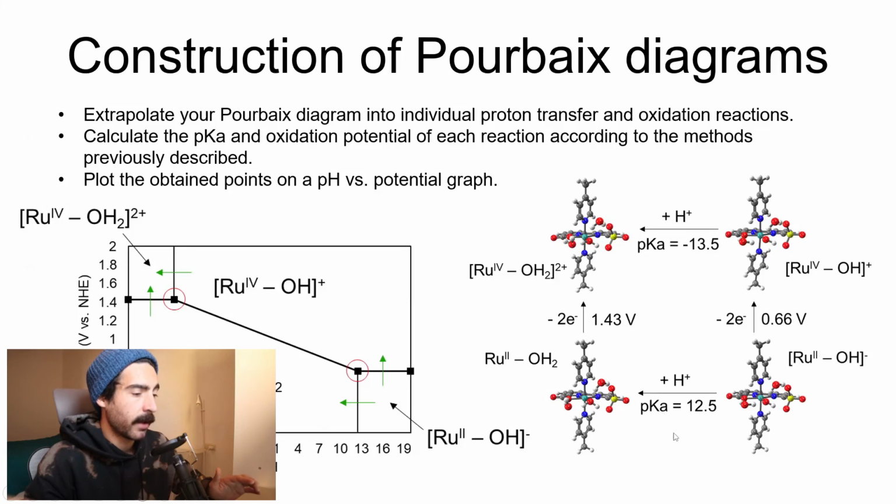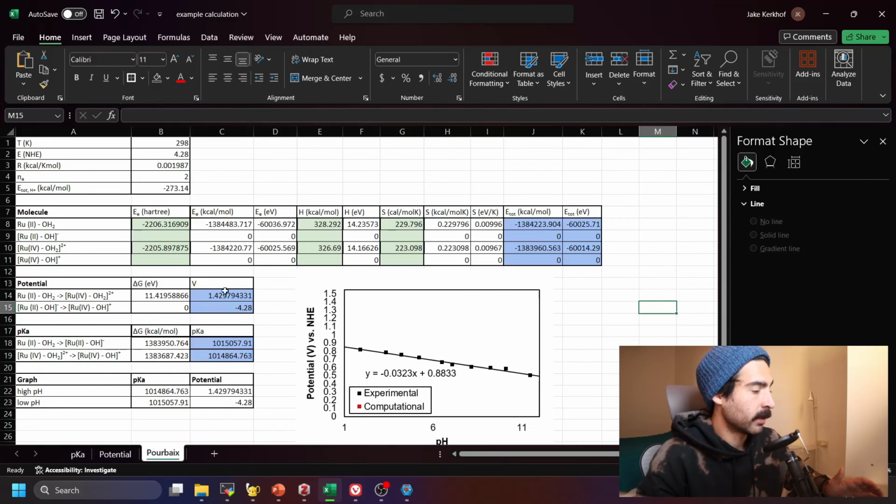So if we look at our diagram, we have now calculations for both pKa and the oxidation. And then we just bring these values into a graph where pKa and potential are related, so that we can find the two endpoints on our Pourbaix diagram. And all we need to do is input our energy for our other species, and we should be able to get an accurate Pourbaix diagram.